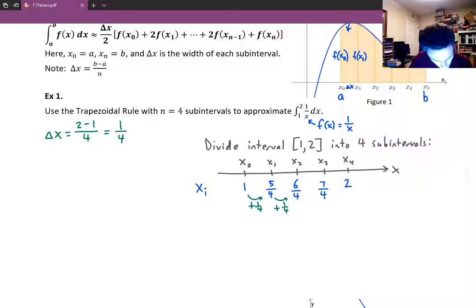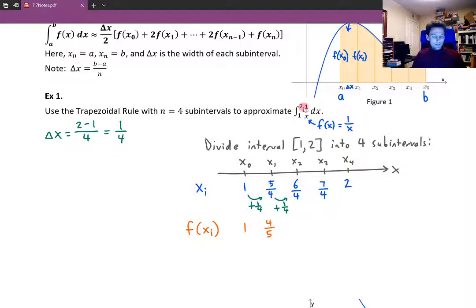Now, in the next row, we're going to take those x values and plug them into the function. So I'm going to call this row f of x sub i. Now plugging these into the function, remember that what our function is, it's 1 over x. And when you plug 1 into 1 over x, you just get 1. When you plug 5/4 into 1 over x, 1 over 5/4 flips the fraction and you get 4/5.